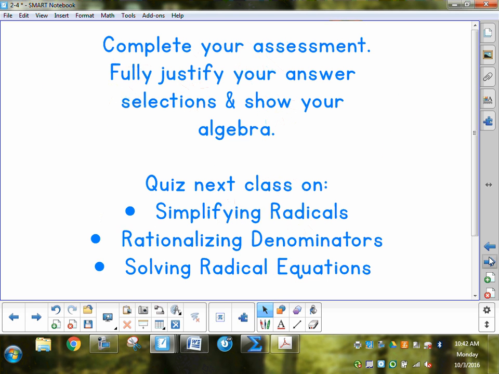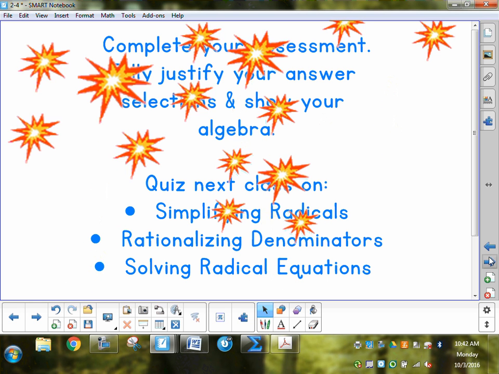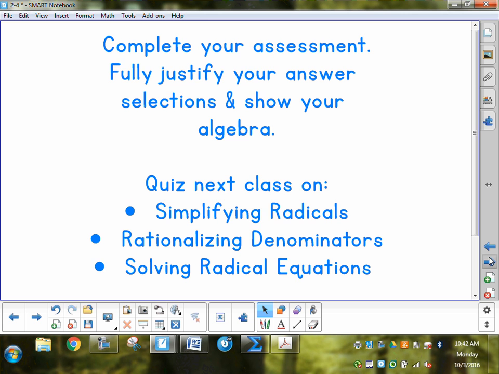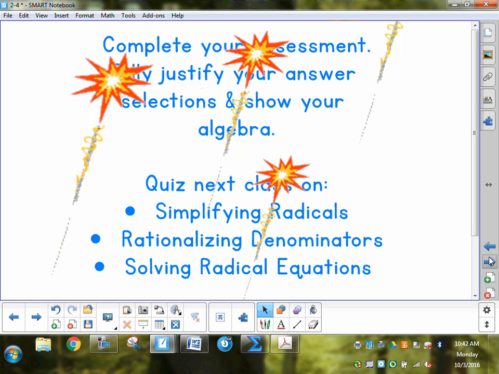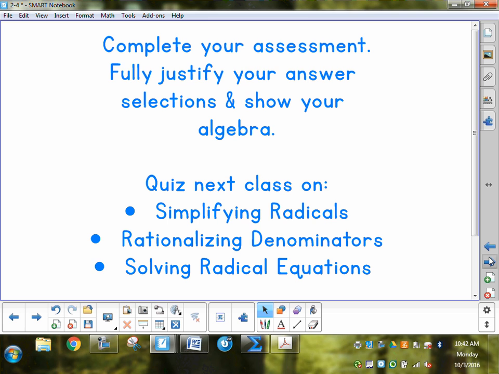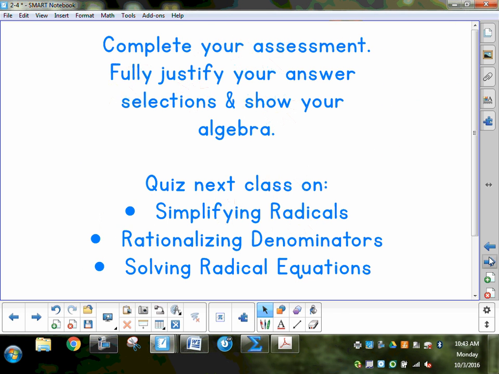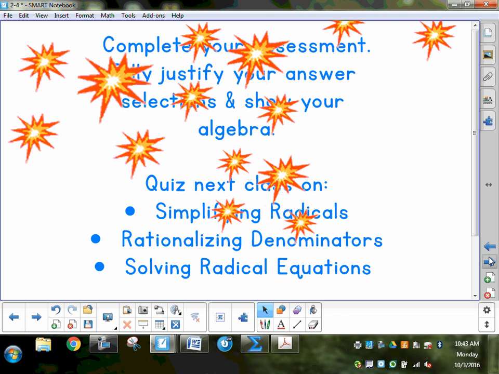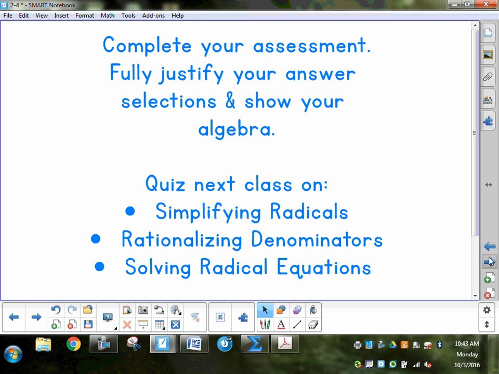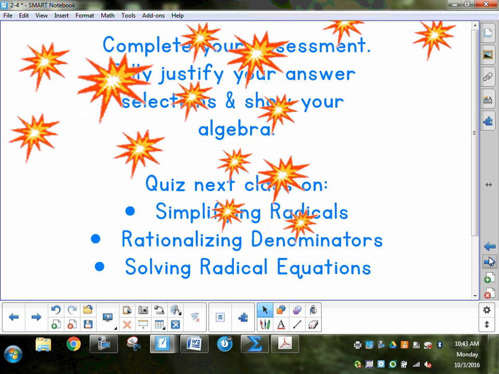All right, we're going to go right into what our notes are for today. But understand, next time we have class, you have a quiz, and on that quiz, you need to know how to simplify radicals, which means cube roots, square roots, variables, the whole mess.